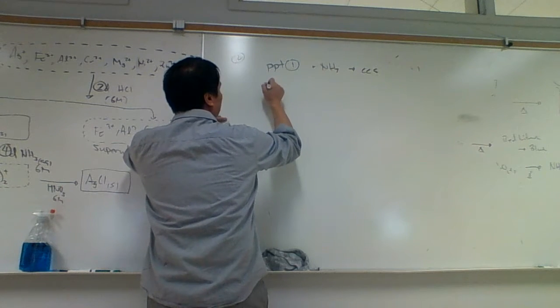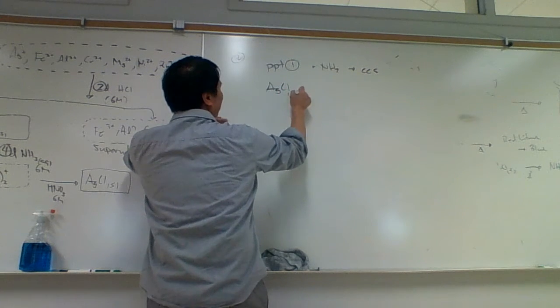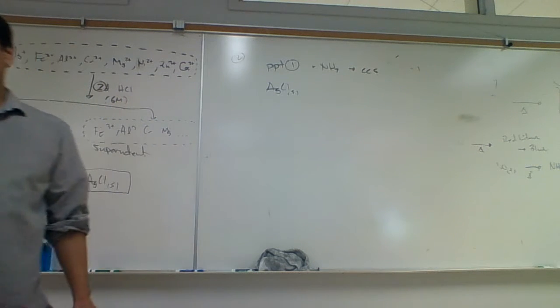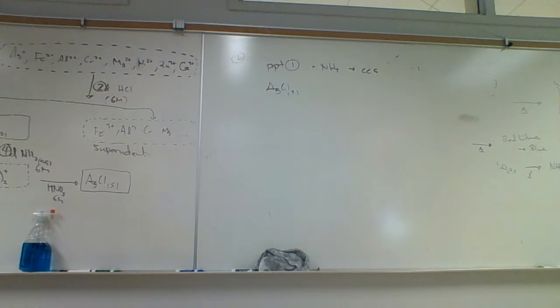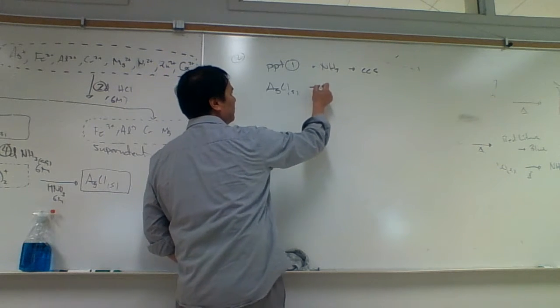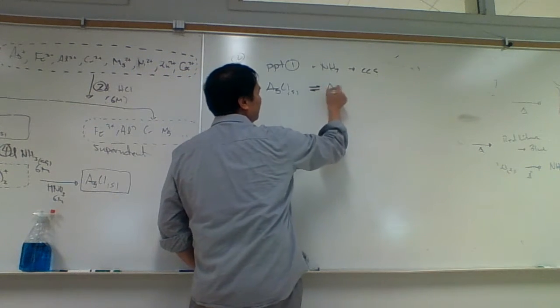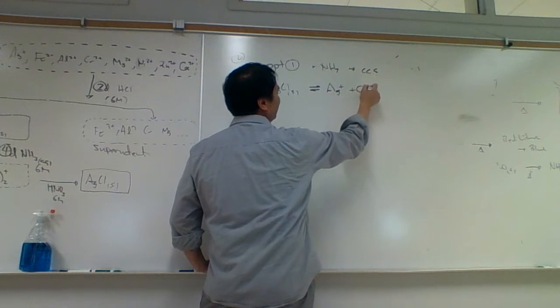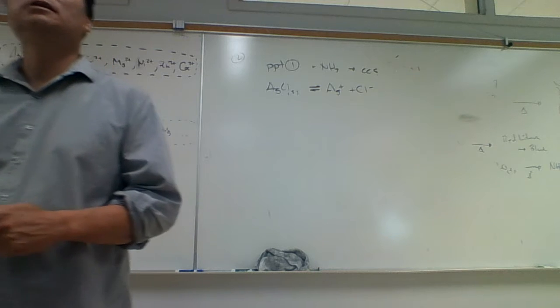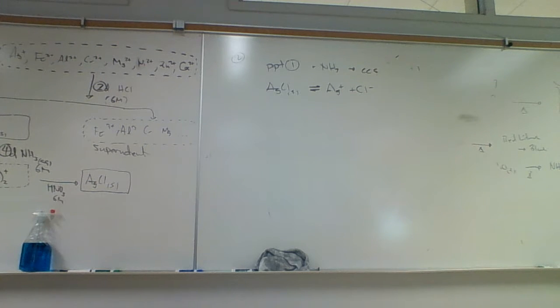And the precipitate from 1, let me write this equation out, is silver chloride. Does silver chloride dissolve in water? No, it's insoluble, right? Silver chloride is highly insoluble in water. What that means is, if I look at this reaction, which is called the dissolution reaction, it's heavily favored to the left.